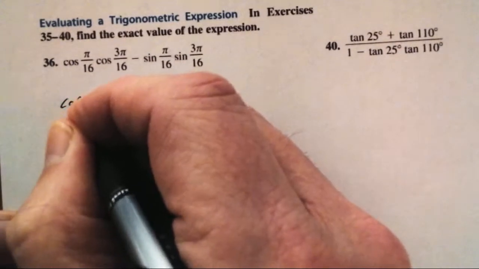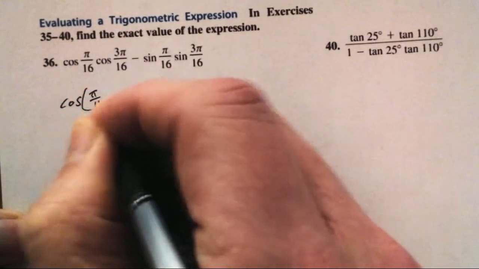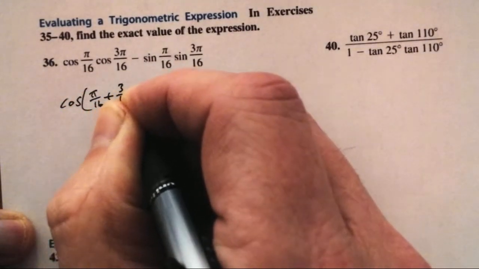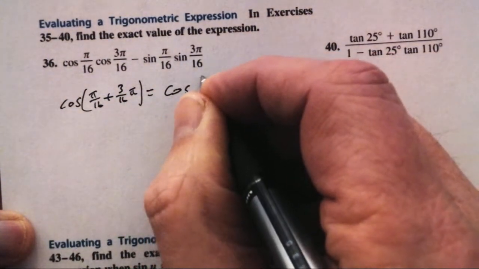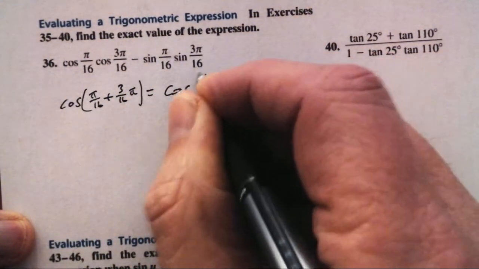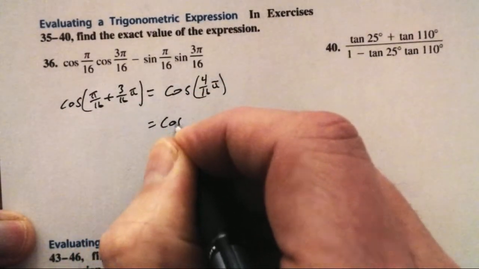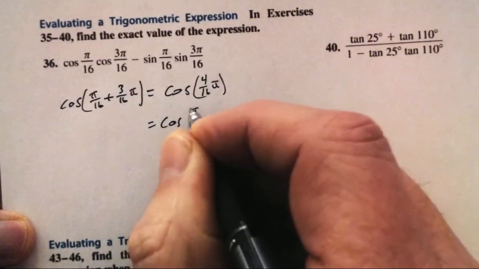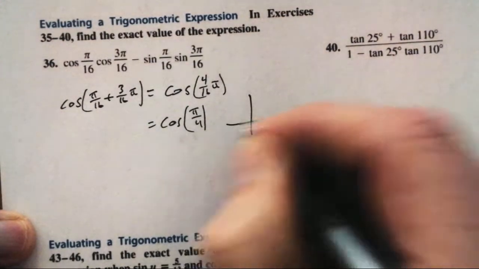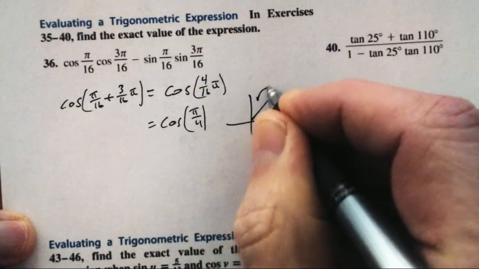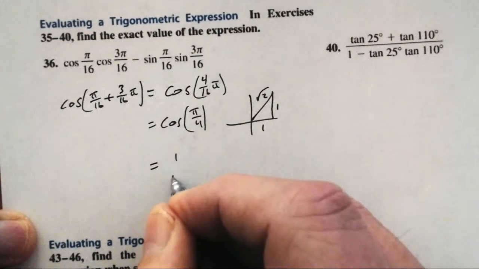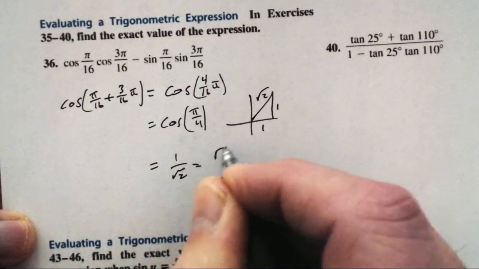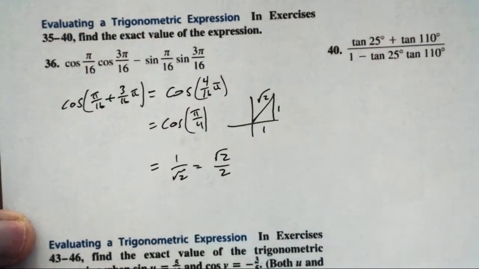So this becomes cosine of pi on 16 plus 3/16 pi, or cosine of 4/16 pi, or cosine of pi on 4, which of course we've seen and seen, 1 on square root of 2, or square root of 2 on 2.